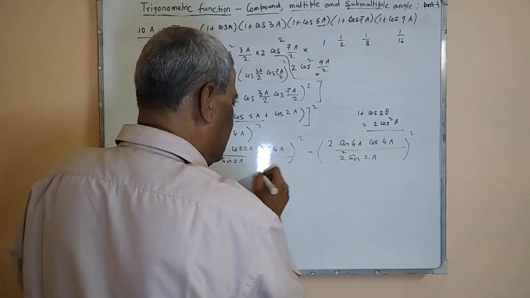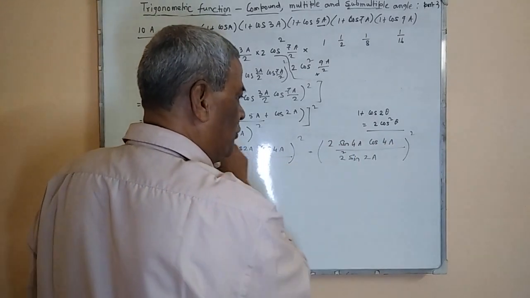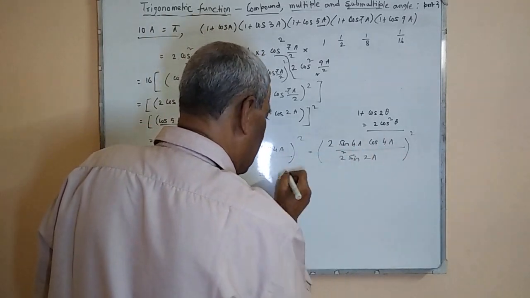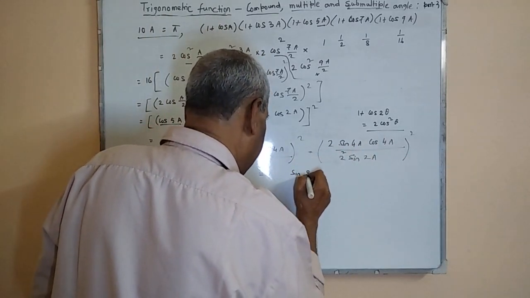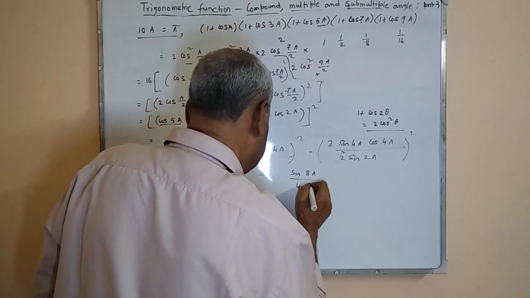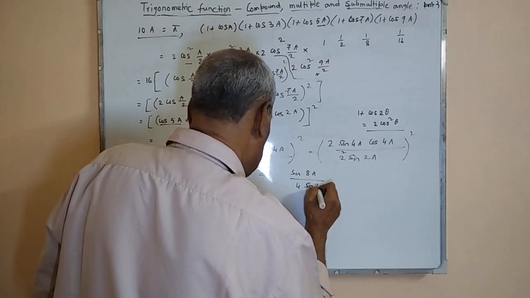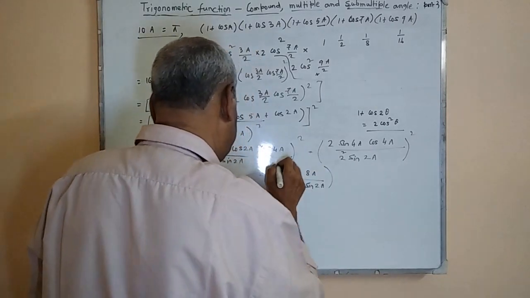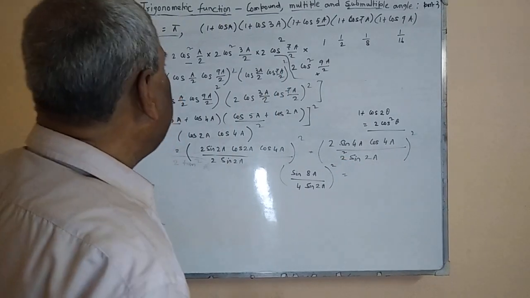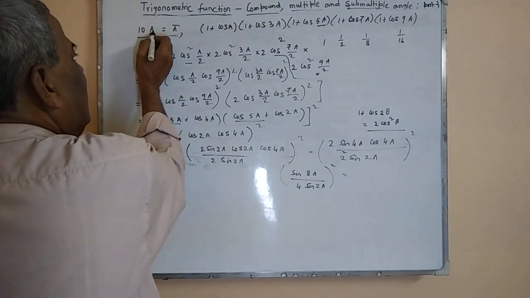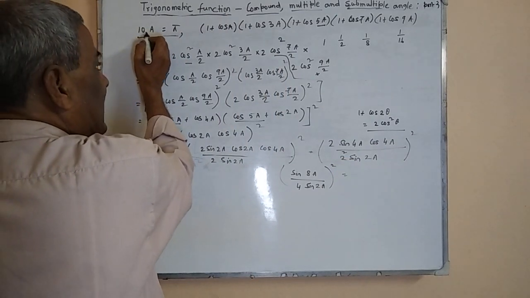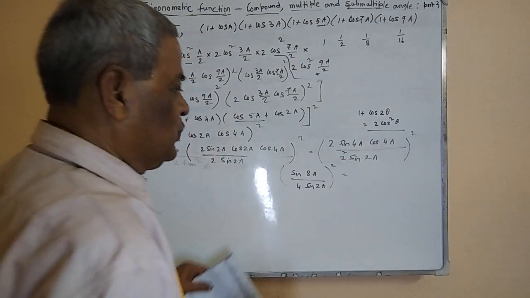Now this became another formula, same type. It is sine 8A by 4 sine 2A, whole square. Now sine 8A can be written as sine of pi minus 2A.